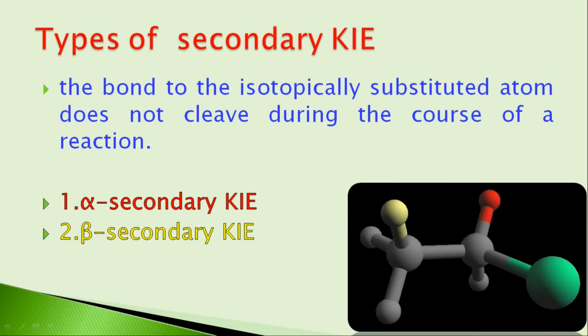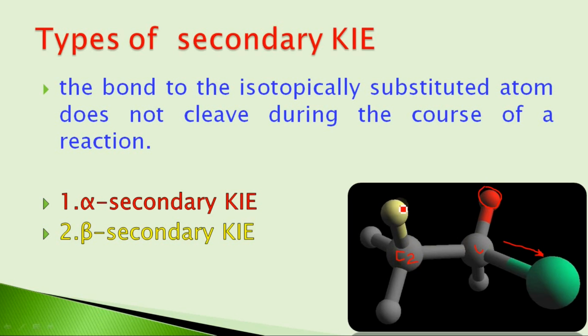Here is a molecule, and in this molecule it is the C-Cl bond that undergoes cleavage during the course of reaction, and isotope can be placed on C1. This is C1. If isotope is placed here, it is called as alpha secondary KIE, and isotope can be placed on C2.